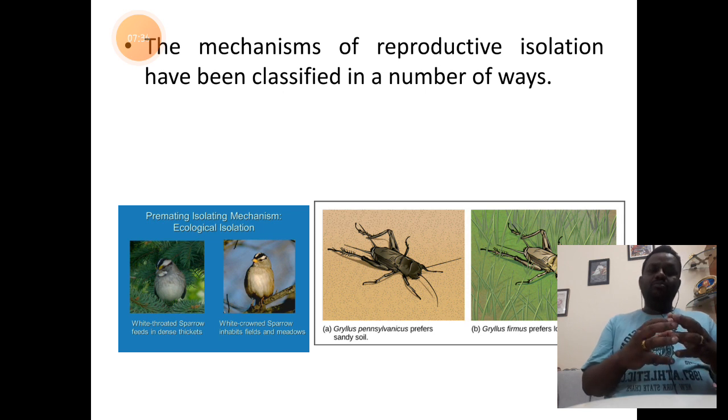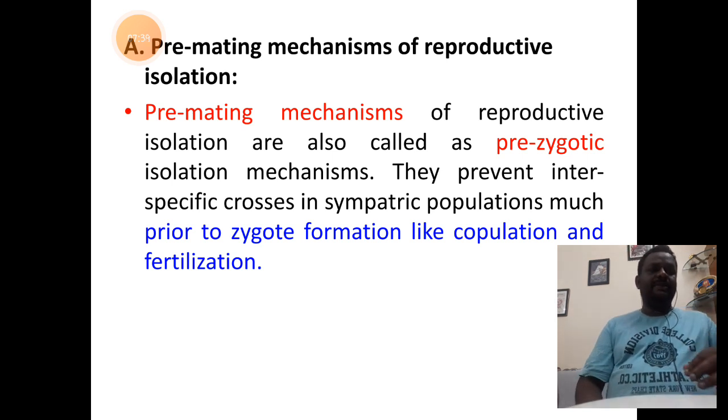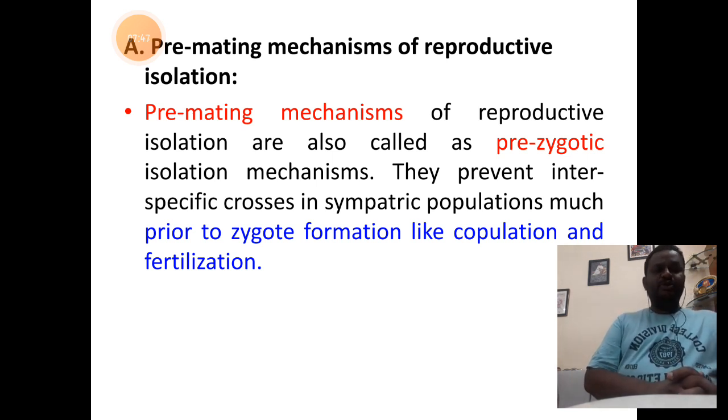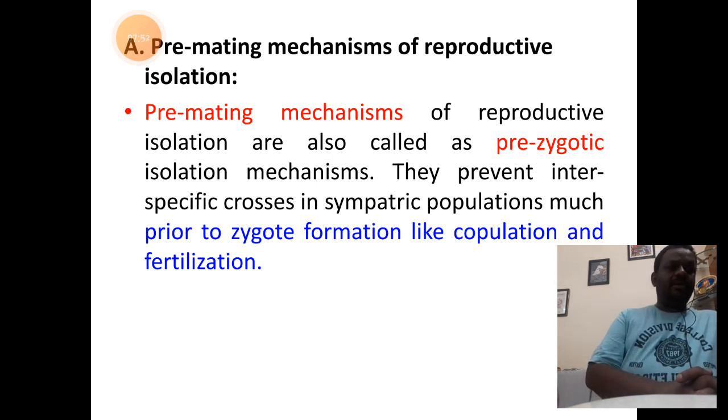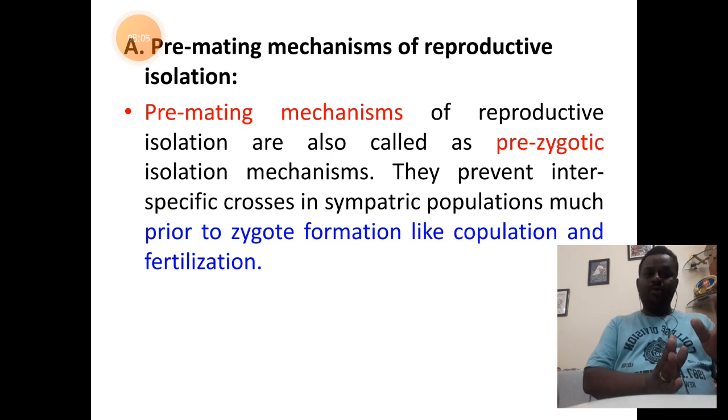Generally, reproductive isolation of the type pre-mating mechanisms, which is also called pre-zygotic isolation mechanisms, takes place before the actual zygote formation. Pre means before, and the zygote is the cellular stage after the process of fertilization.